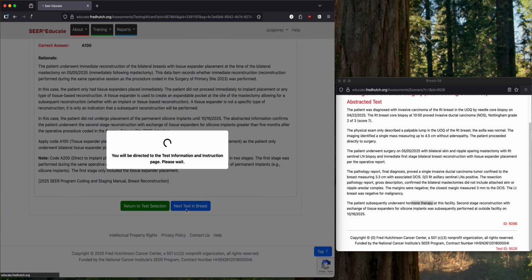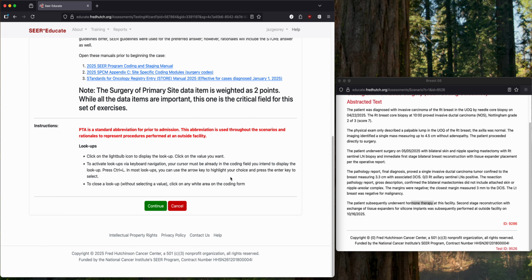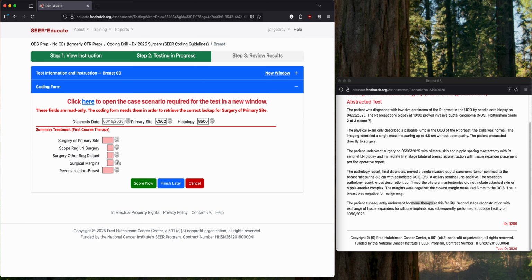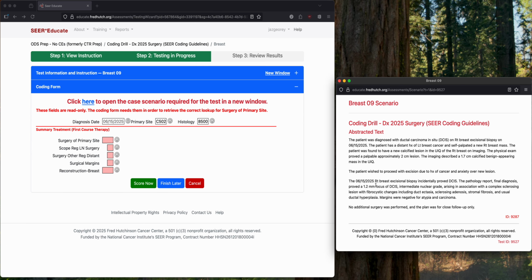Let's just do the next one. Breast 9. Patient diagnosed on the right, so right breast on 615. Patient has a distant history of left breast cancer and self-palpated a new right breast mass.